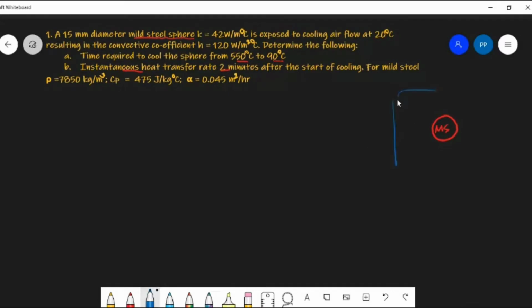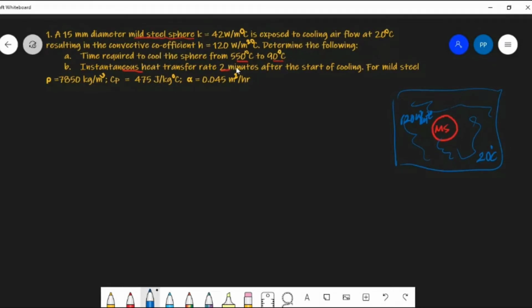So it is surrounded by cooling air which is at 20 degrees Celsius, and the heat transfer coefficient between the surface and the air is 120 watt per meter square degree Celsius. The thermal conductivity of the sphere is given and the diameter of the sphere is given.